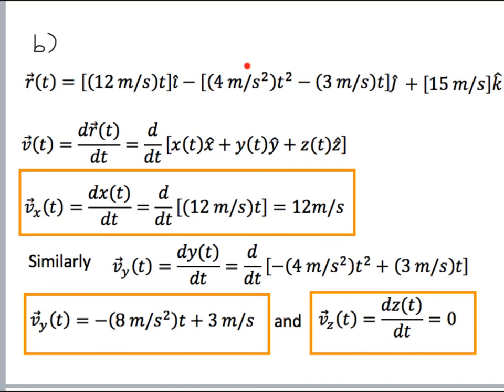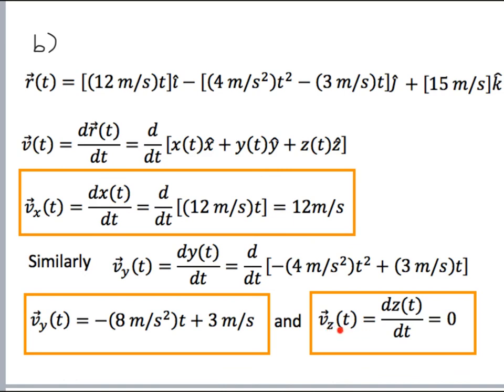So I get this 2 comes down and makes 8, so that gives me minus 8 meters per second squared. The 2 comes down and it leaves me with a t to just the 1 power. And then this t goes away, and I'm left with positive 3 meters per second. And so when you're doing this, your signs, those are the things that are most likely going to trip you up. So you want to be very careful about watching those signs.